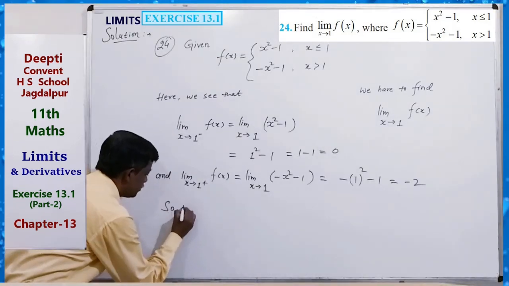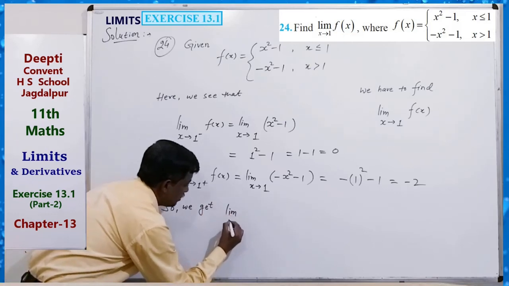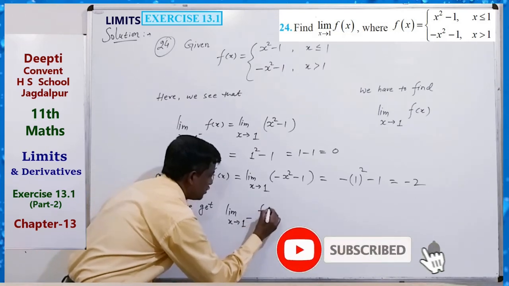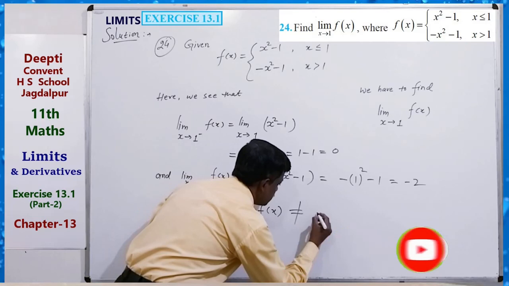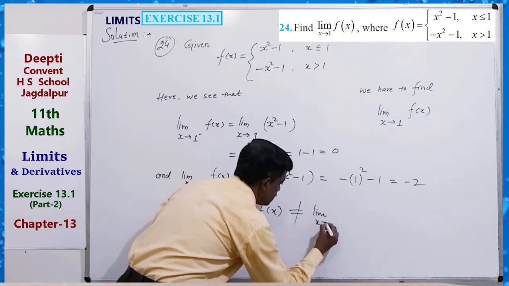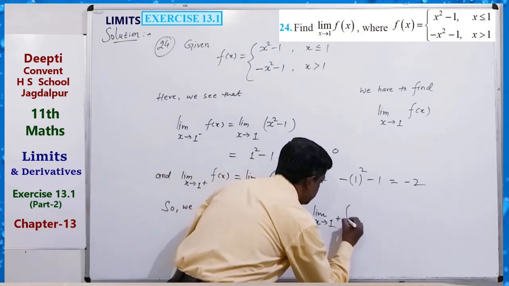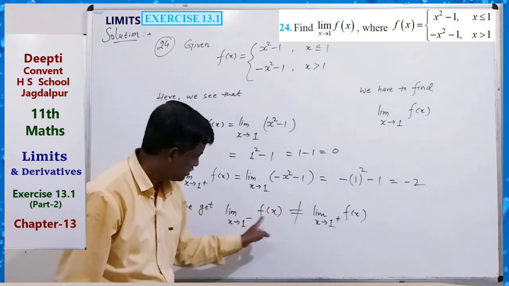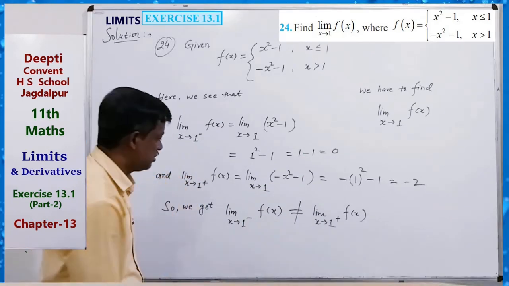So we get the left hand limit, x tending to 1 minus, is not equal to the right hand limit, x tending to 1 plus. They are not equal. Left hand limit 0, right hand limit minus 2, not equal.